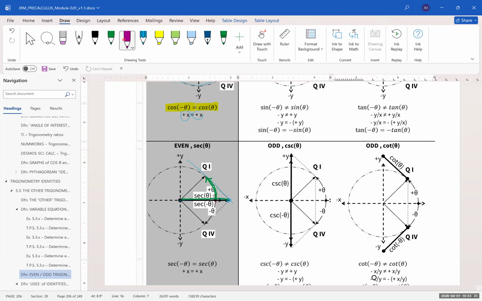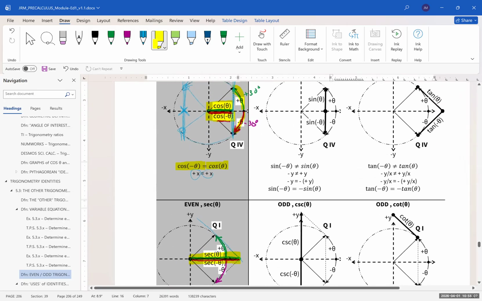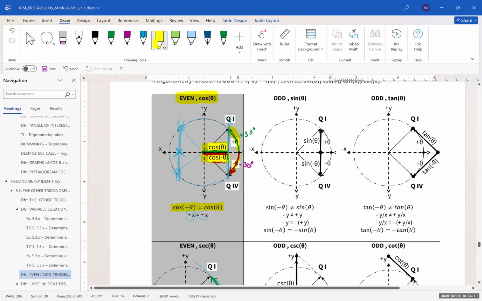And if we have the secant of the negative of that angle, we're going to have that same positive value. So both of these are the same positive value, regardless of whether it's a positive angle or a negative angle. The output of secant of a negative angle is equal to the output of the secant of a positive angle. So that's why cosine and secant are both considered to be even.